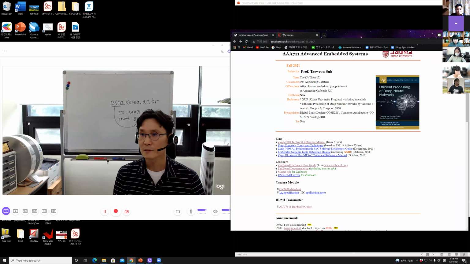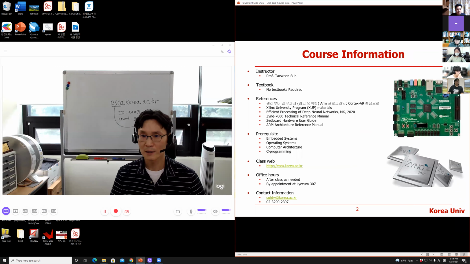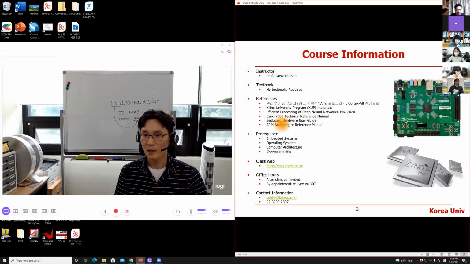And then the ZedBoard hardware user guide, because we are going to play with this board, called the ZedBoard. On top of the ZedBoard, this Zynq 7000 chip is mounted.